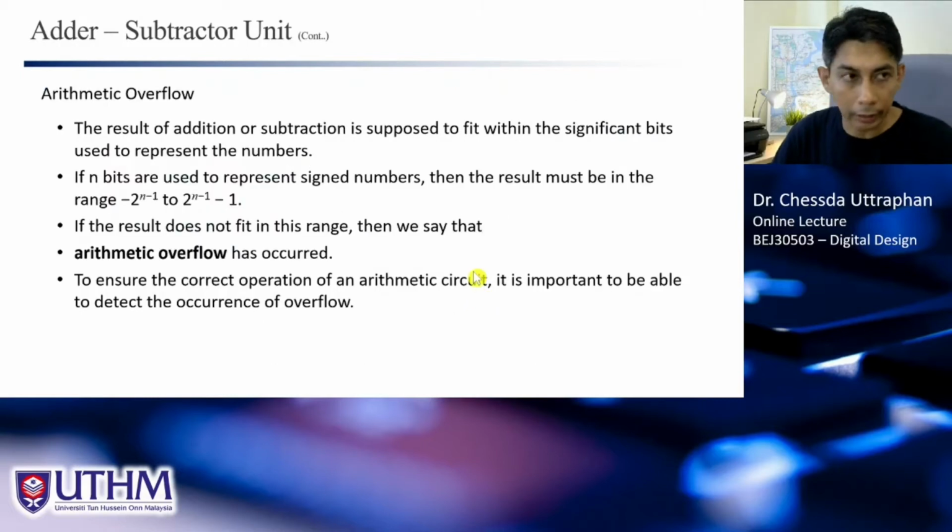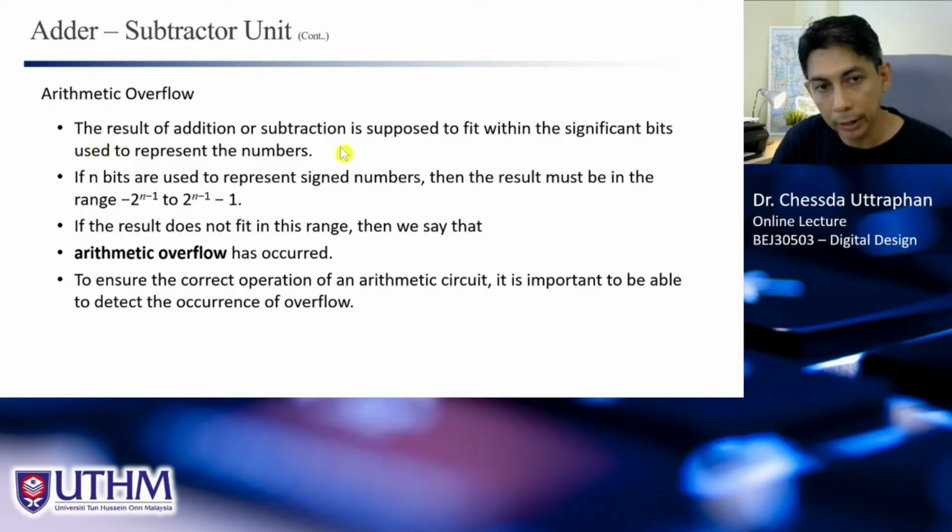Today we will look at arithmetic overflow. What is arithmetic overflow and why is it important? The result of addition or subtraction is supposed to fit within the significant bits used to represent numbers.